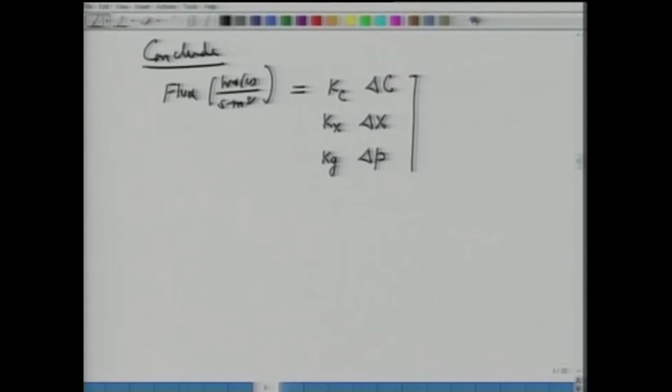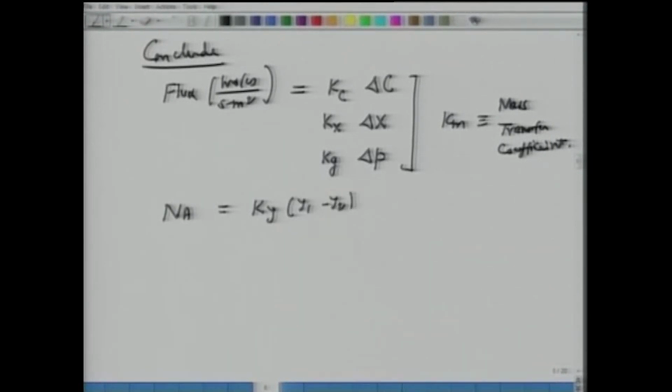All of these are mass transfer coefficients, Km. So if we have a gas system, we can also write NA as Ky times (y1 minus y2), where y1 and y2 are the mole fractions, or we can write Kg times (P1 minus P2), where P1 and P2 are the partial pressures of A at planes 1 and 2.